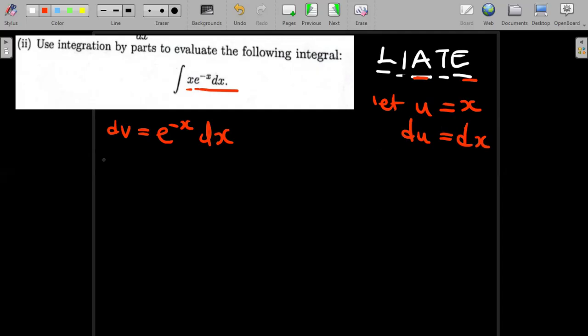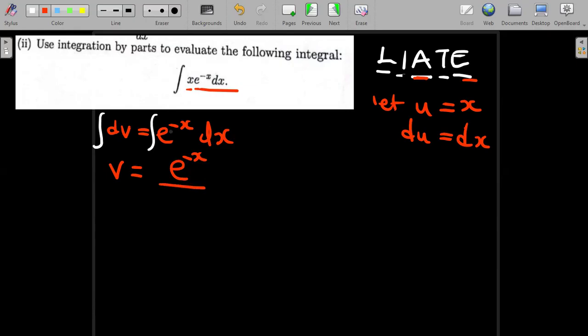Then I integrate on this other side. So when I integrate this side, I'm going to get v is equal to, when you integrate the exponential like this, e is just going to be the same, divided by the derivative of what you have there in the exponent.